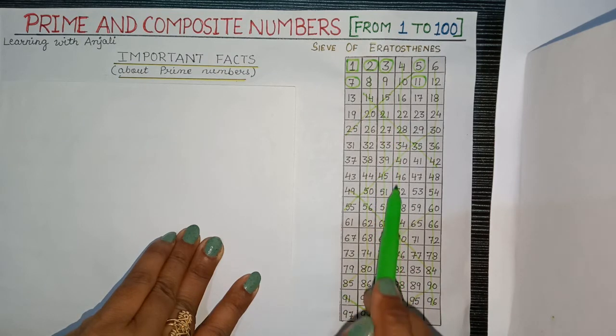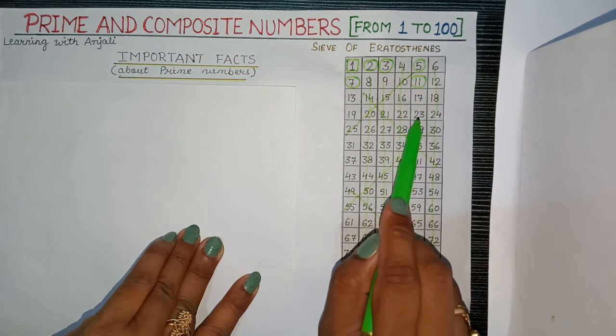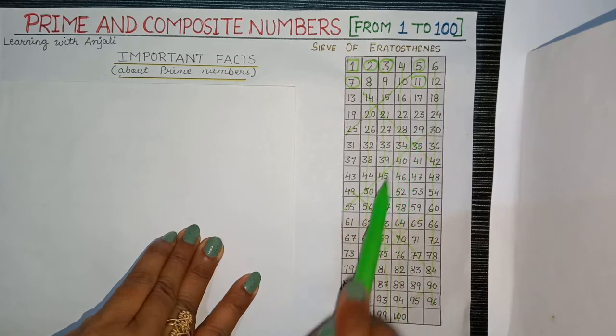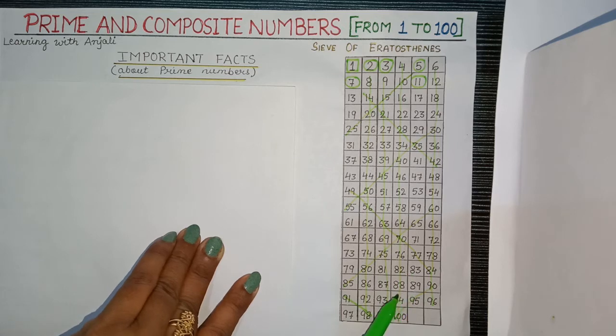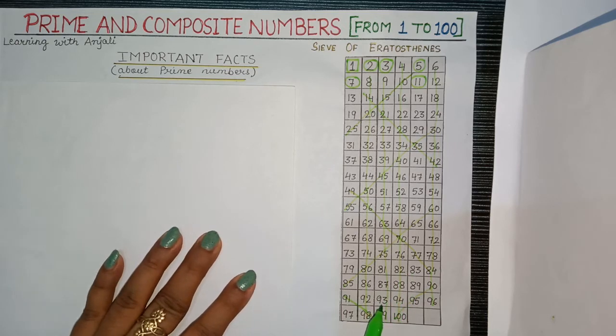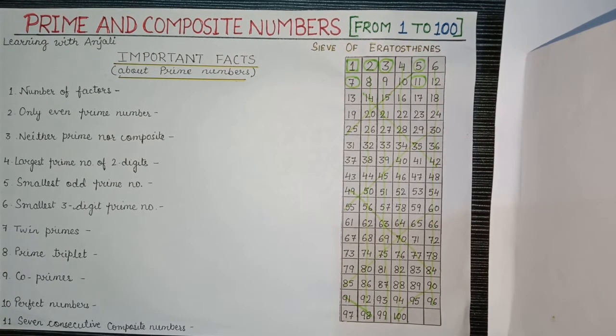There is no one in this row. 13 and 14, 15, 16, 17, 18, 19, 20, 21, 22, 23, 24 and 25. Okay, from 1 to 100 we have 25 prime numbers. I hope you all can understand how we get the prime numbers from 1 to 100.